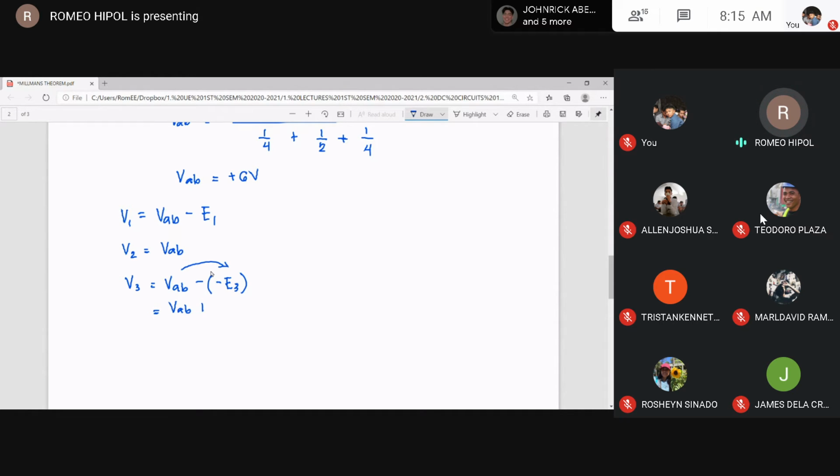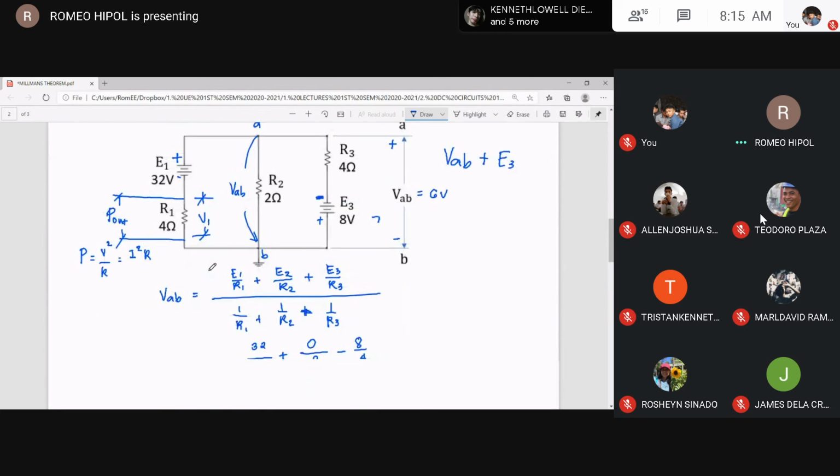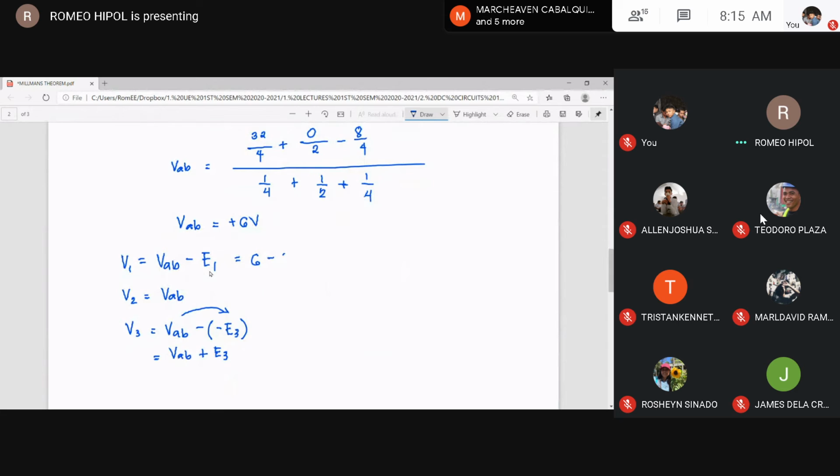So VAB plus E sub 3. In this case, we have 6 volts minus E sub 1, which is 32, so it is equivalent to 26 volts negative.